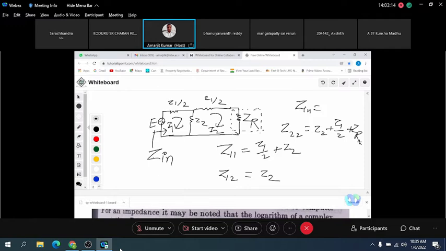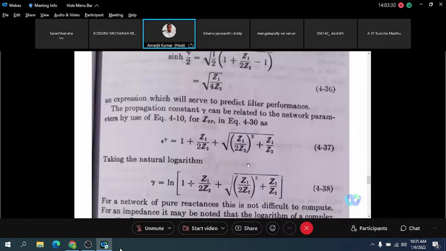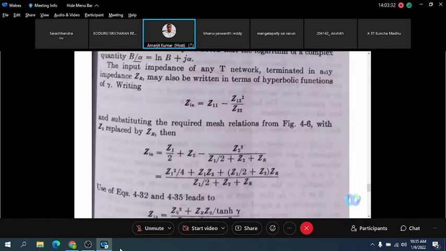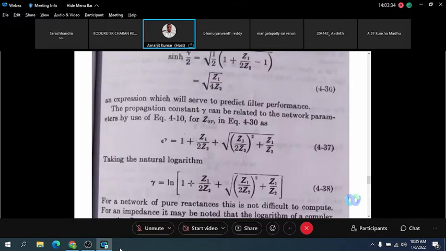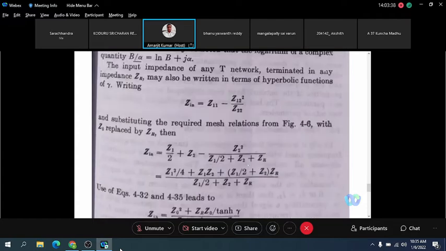We have to calculate the input impedance. So for this two-port network, how to calculate the input impedance? Z parameter, have you studied or not? Z parameter, Y parameter, ABCD parameter, those things in basic electrical engineering network.